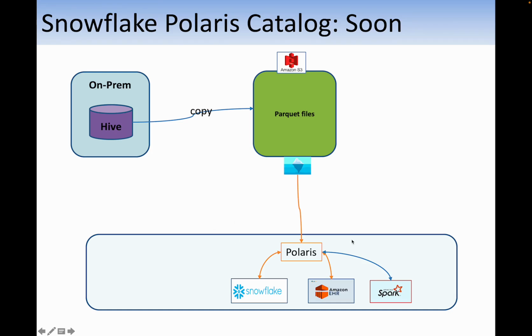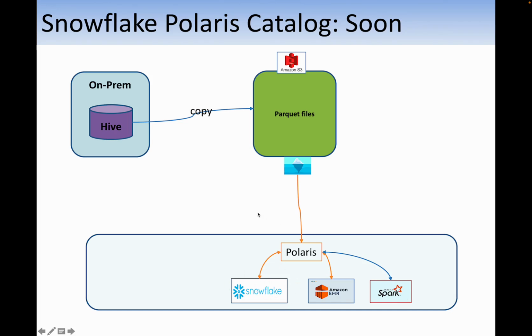Snowflake will be introducing a Polaris catalog. As of now, for EMR we are using a Glue catalog, and for Spark maybe a Hive catalog. Snowflake has its own catalog, and we are using Snowflake directly reading it. But instead, they will be introducing Polaris, a common catalog that any engine can access. That means when Snowflake updates, EMR will know immediately, or when Spark updates, Snowflake knows immediately, because we don't have to run refreshes.